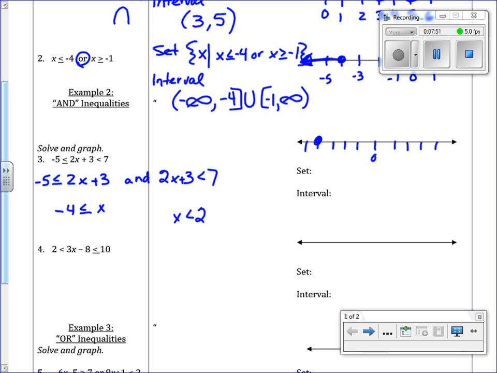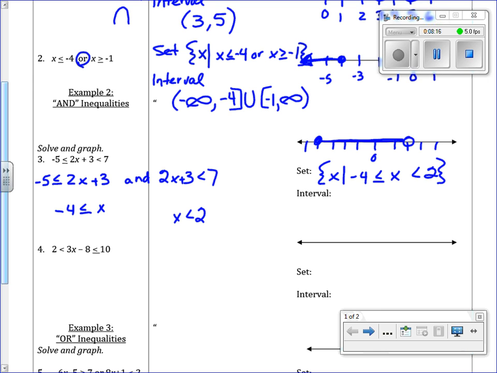And x is less than 2. So there's my open circle, and I color in between the two. So my set notation for this would be x such that negative 4 less than or equal to x less than 2.